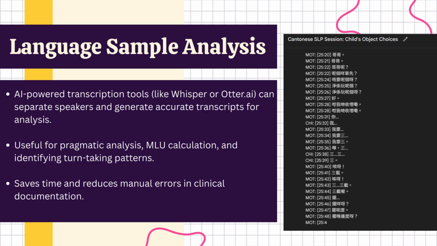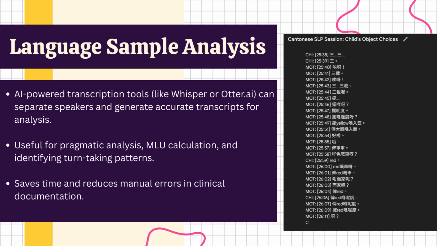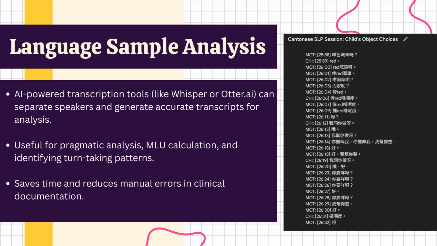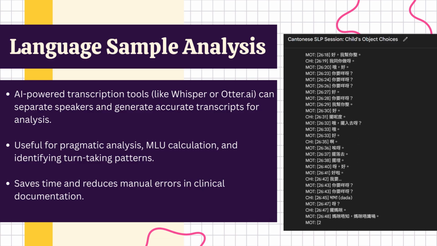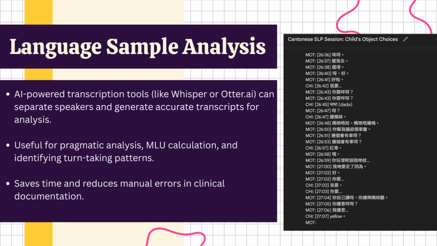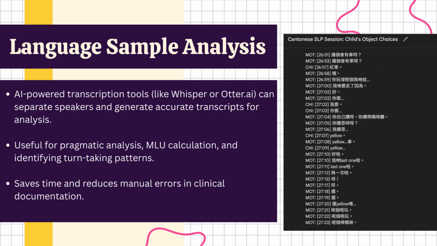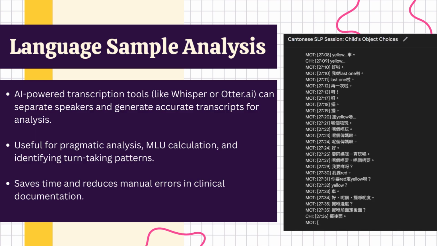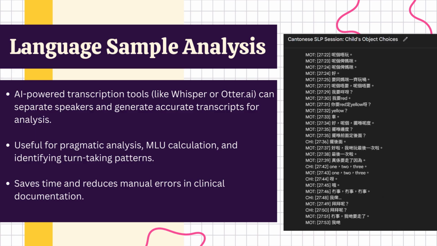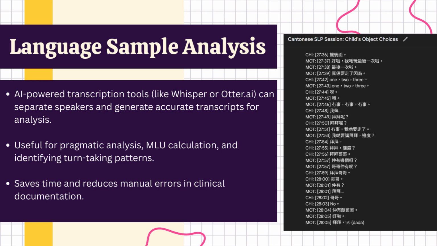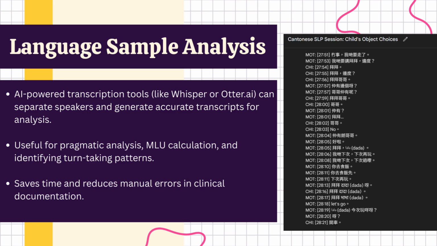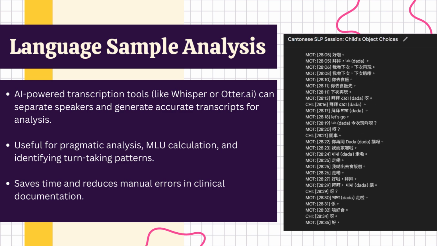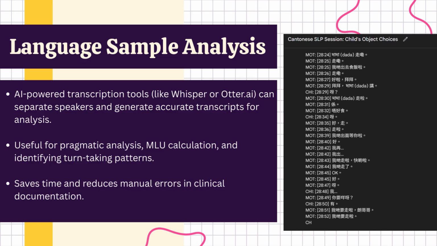I also ask AI to do further analysis, including calculating the mean length of each utterance and identifying linguistic patterns, how many elements or the length of each utterance that he is using. It saves time and reduces manual errors in such analysis.